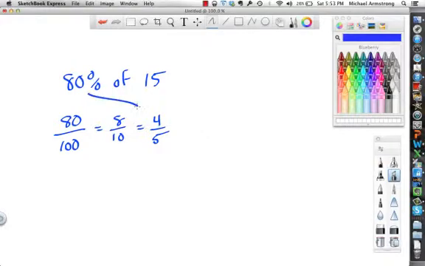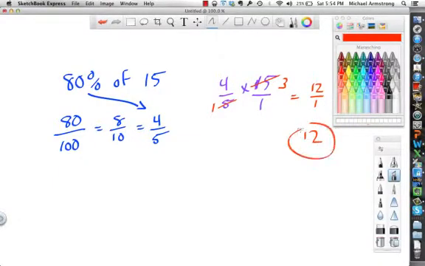So once we figure out that 80% is 4/5, we can redo this as 4/5 times 15. And you remember from simplify before you multiply that 15/5 can be written as 3 ones. 15 divided by 5 is 3, and 5 divided by 5 is 1. And then you just multiply and get 12 ones. So it's 12. So 80% of 15 is 12.